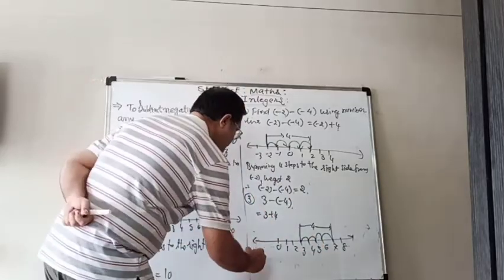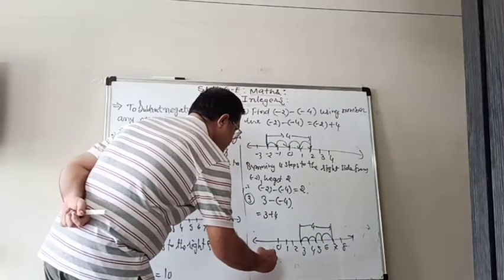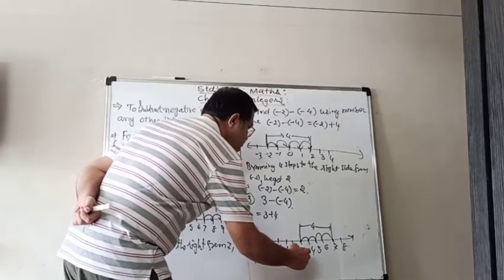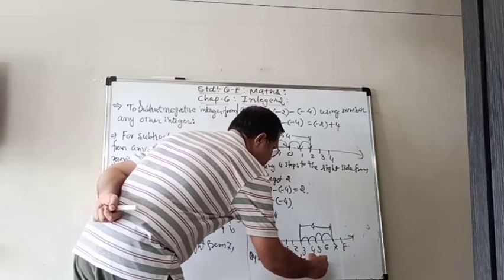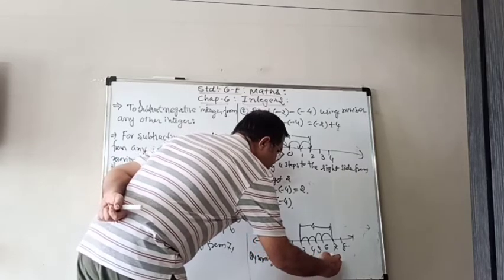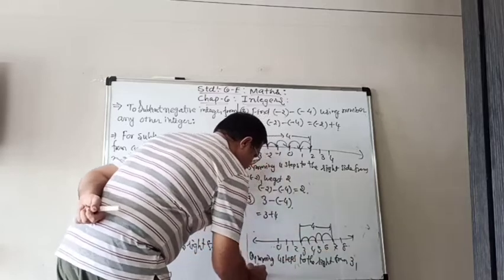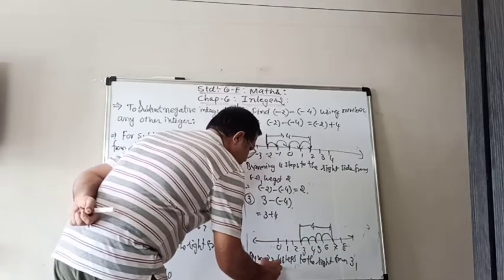So by moving 4 steps to the right from 3, we get 7.